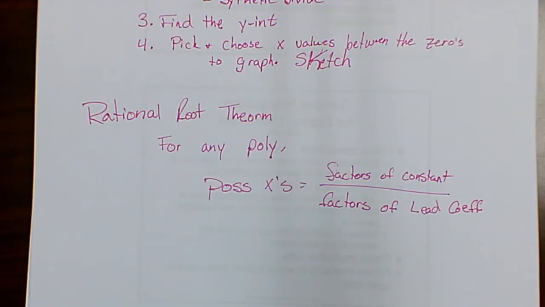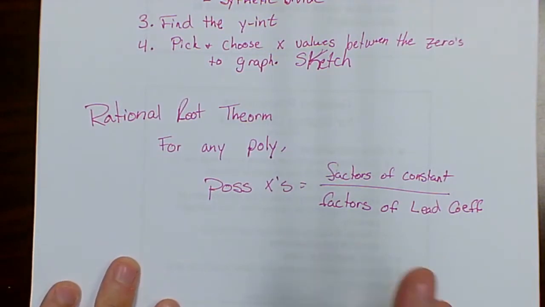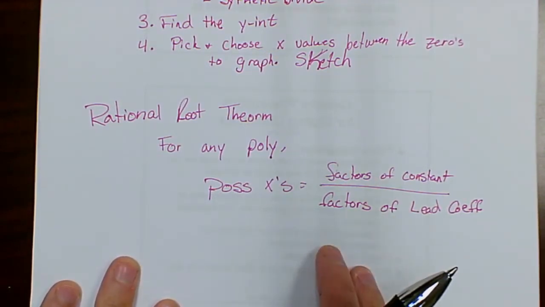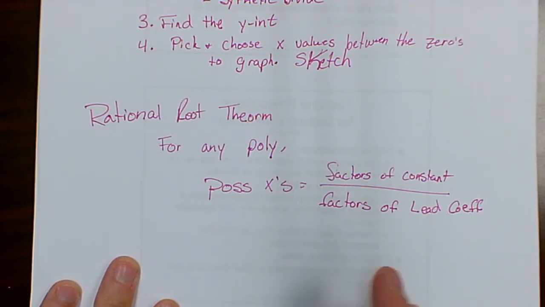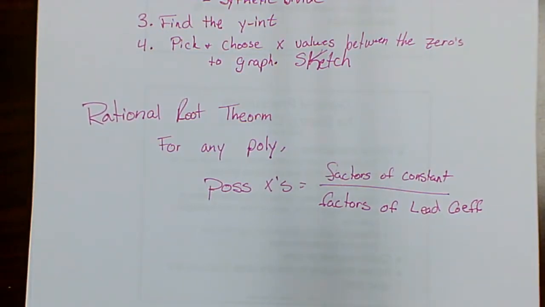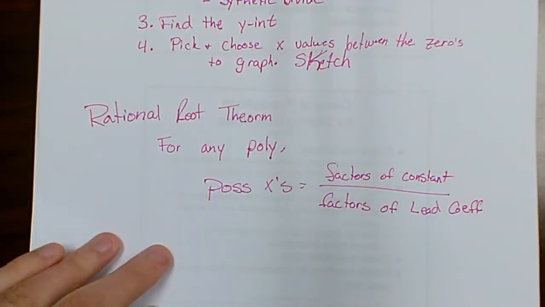If we cannot factor, we're going to find the possible x's, use synthetic division, and figure out our zeros. And remember the zeros and their multiplicity, if the answers repeat an even number of times, it bounces off the graph. That was from the last video.